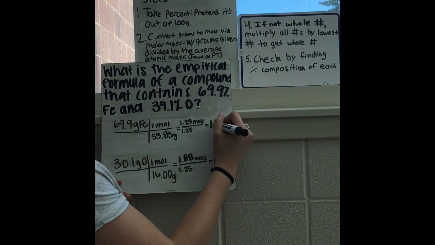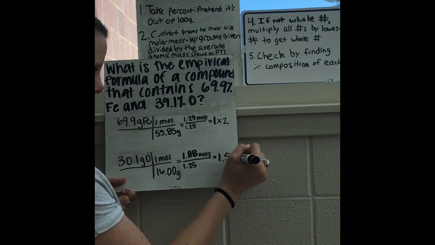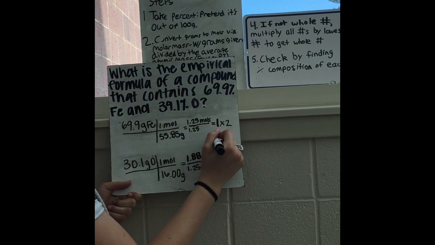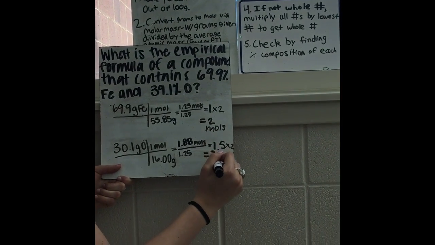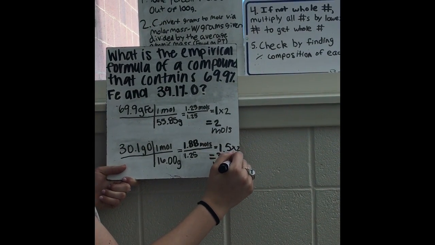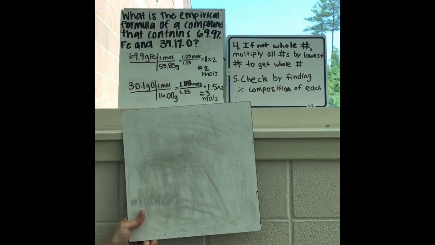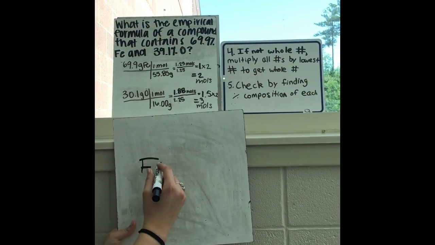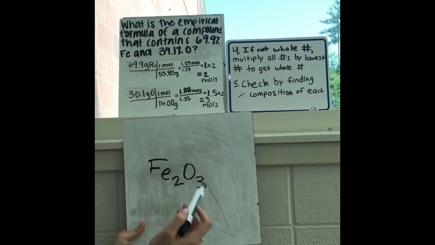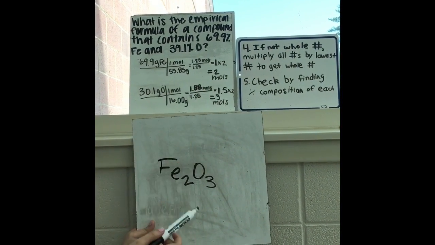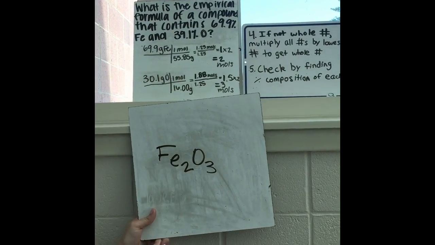So you multiply this one by 2 and this one by 2. You get 2 moles and you get 3 moles. So the answer would be Fe2O3. We get the 3 from the moles we found and the 2 from the moles we found in iron.